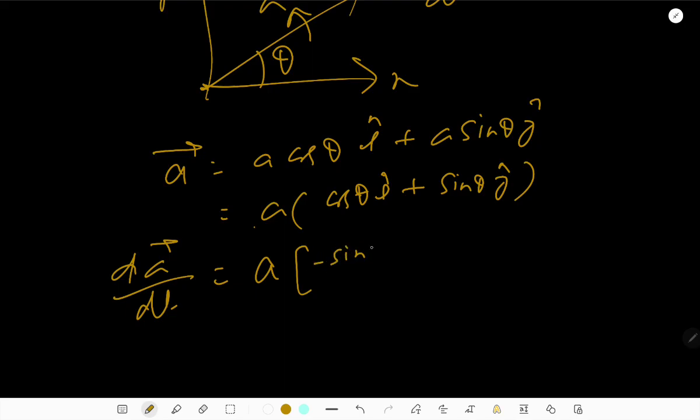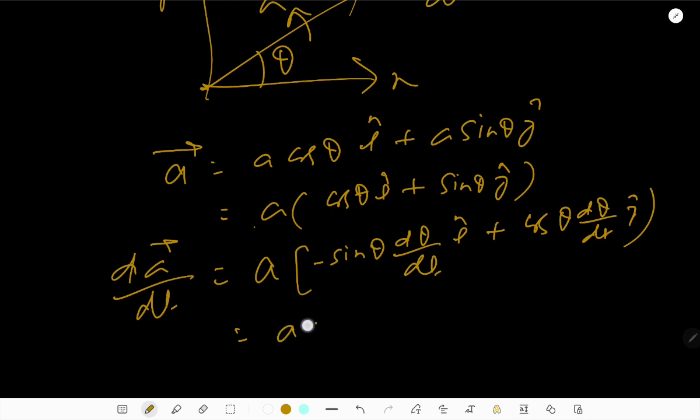Differentiation of cos theta with respect to time is minus sin theta d theta by dt, and i cap is again constant, and we could write the derivative of sin theta with respect to time, and this becomes cos theta d theta by dt j cap.